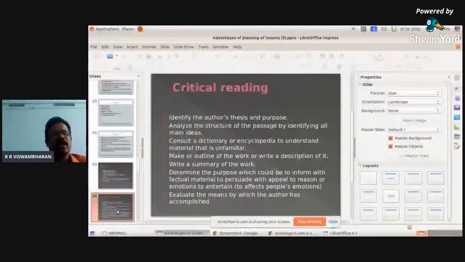You make an outline of the text, the total outline of the work.